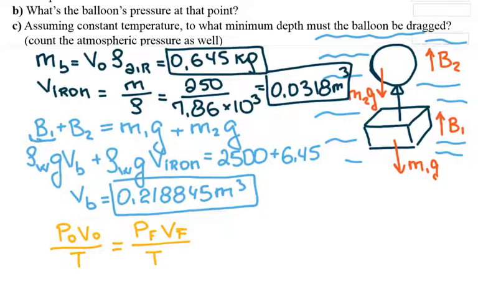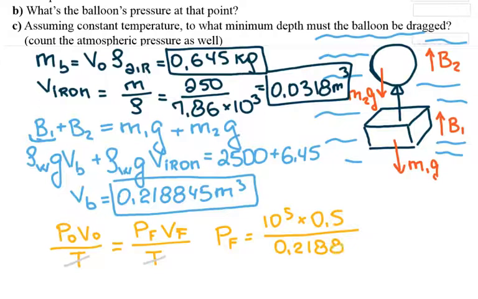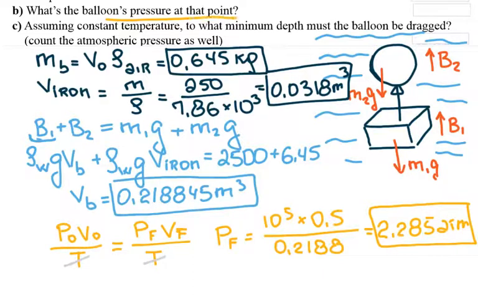Now I can use the ideal gas equation to calculate the final pressure in the balloon. And because they say that the temperature stays the same even at that level of water, we can cancel the temperature, and we have the final pressure is equal to 10 to the 5th times 0.5 divided by 0.2188, which gives me the final pressure of 2.285 atmospheric pressure. And so that finds the pressure of the balloon at that point.